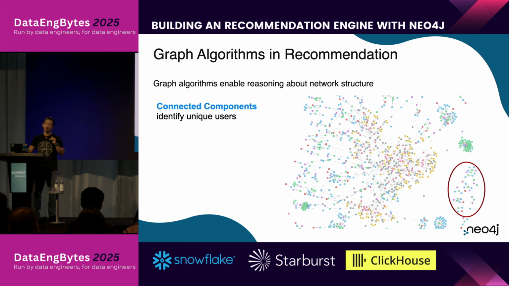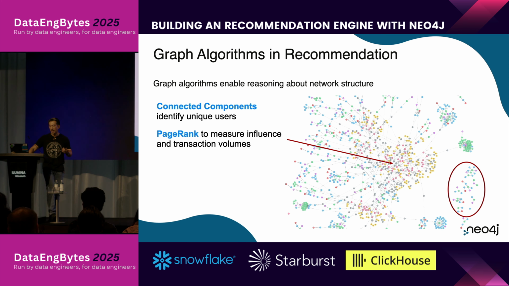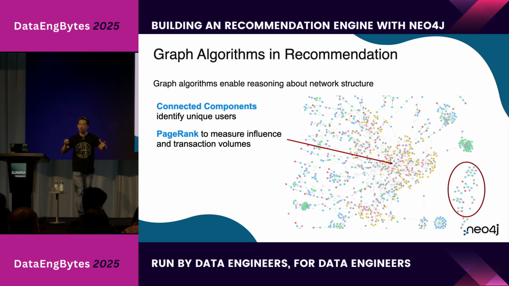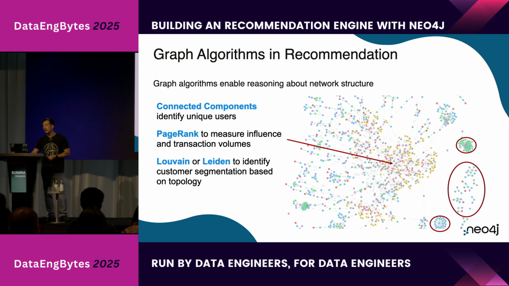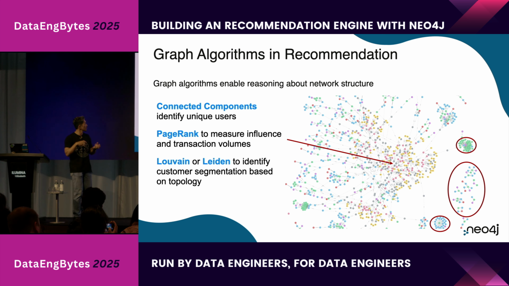This can also be used for fraud detection, for what's unusual. PageRank gives you what node is very important, the most connected node in your dataset, and gives you impact in your sales, your data product, and your customer network. Louvain and Leiden are another type of community detection algorithm.